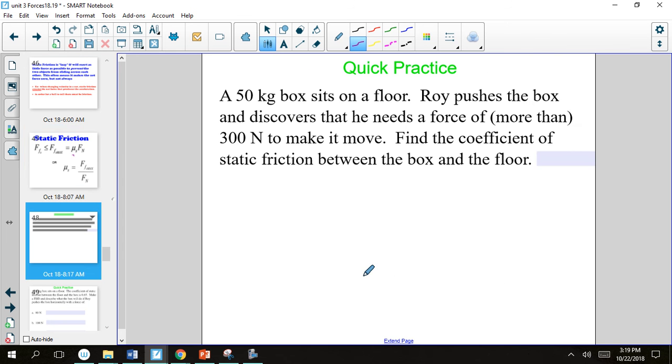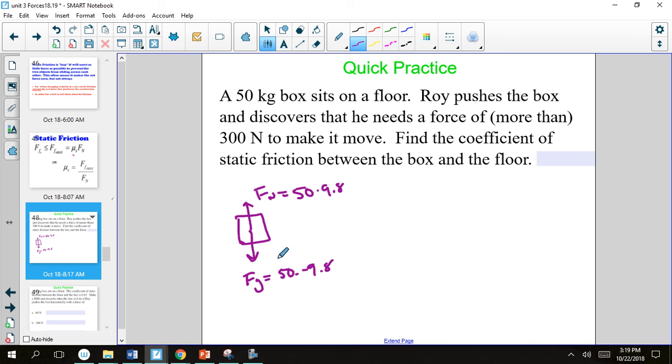All right, so let's take a look at this. So let's say we have a 50 kilogram box that's sitting on the floor. Yay, 50 kilograms, there we go. That means its weight, or its force of gravity, is equal to 50 times negative 9.8. Now, since it's sitting on the floor, that means it's not going through the floor, which means that there's a normal force, or something that's holding it up, which is 50 times 9.8.